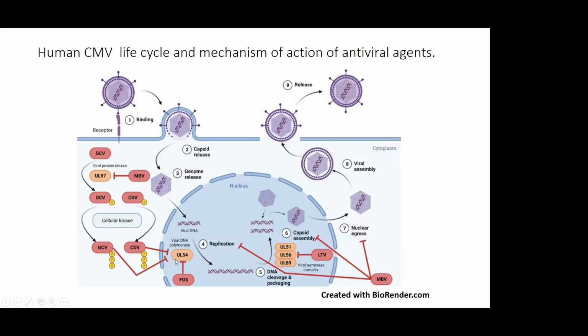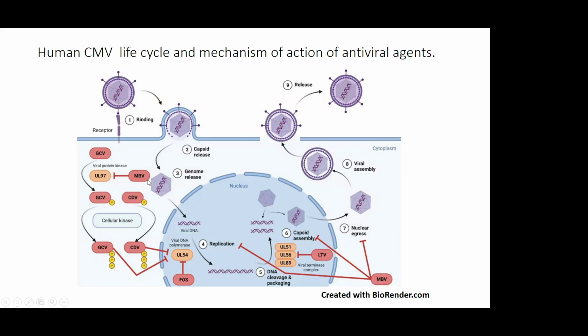All the others have one target except maribavir. It targets the DNA polymerase. It targets the capsid assembly, and it targets the nuclear egress. And that's why it's very important now to treat resistant and difficult to treat CMV. And it's been a revelation, the recent introduction of maribavir.